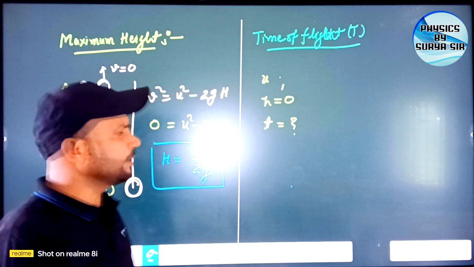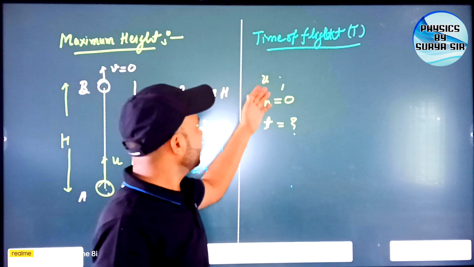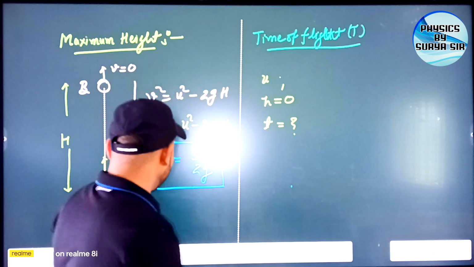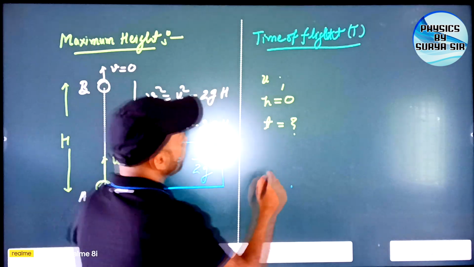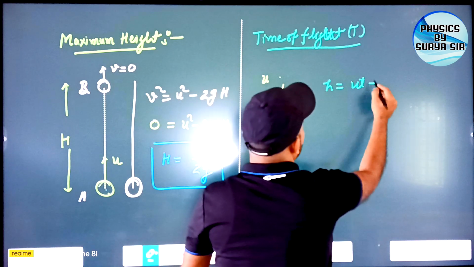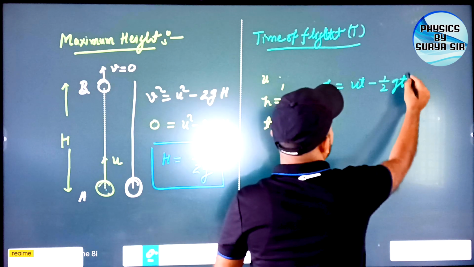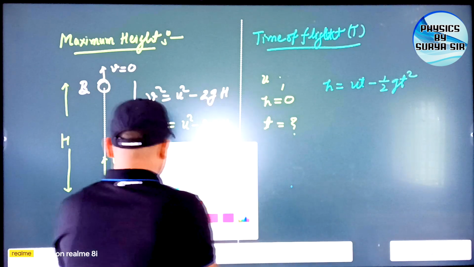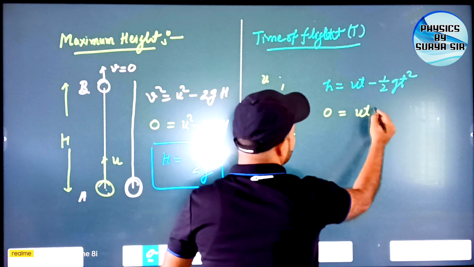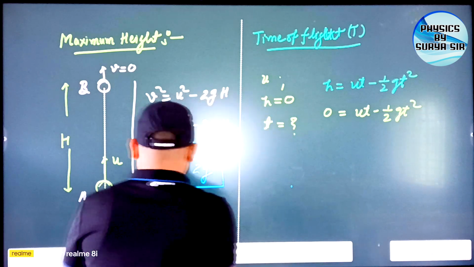Since displacement is given, we use the second equation. The second equation is h = ut minus half gt square. So h is 0, and this is ut minus half gt square.